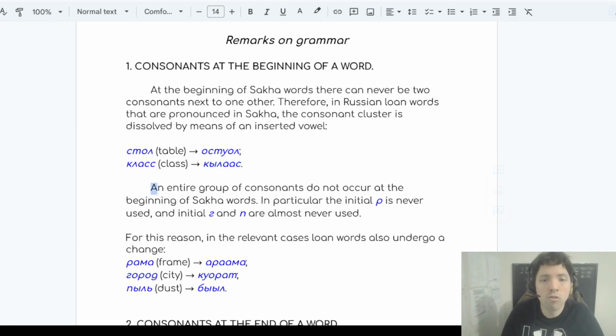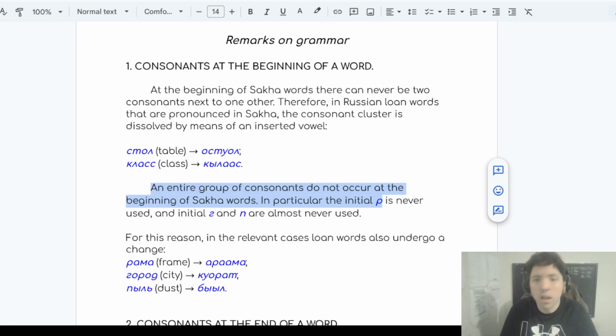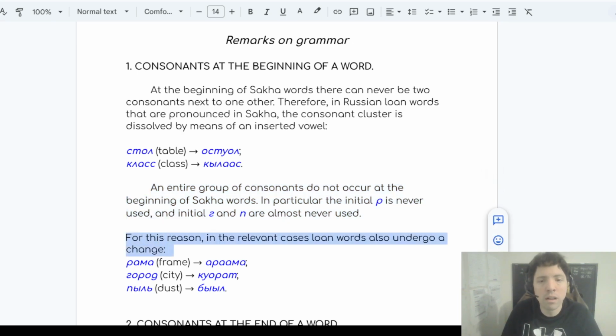An entire group of consonants do not occur at the beginning of Sakha words. In particular, the initial R is never used, and the initial g and p are almost never used. For this reason, in the relevant cases, loanwords also undergo a change. So Rama, meaning frame, is it Rama or Rama?